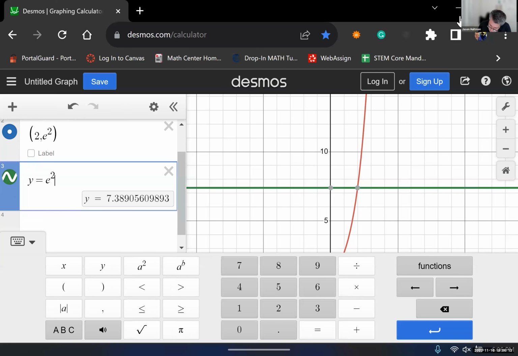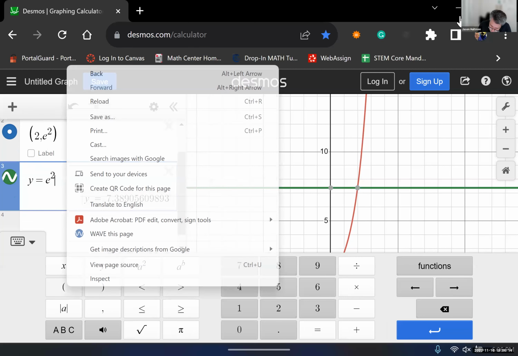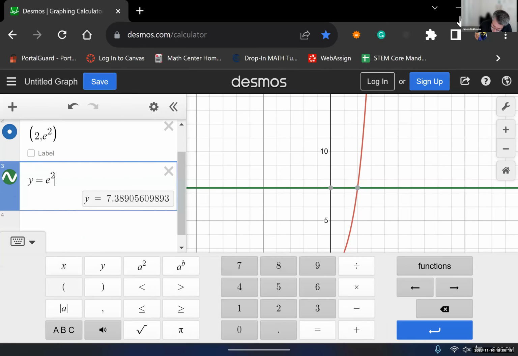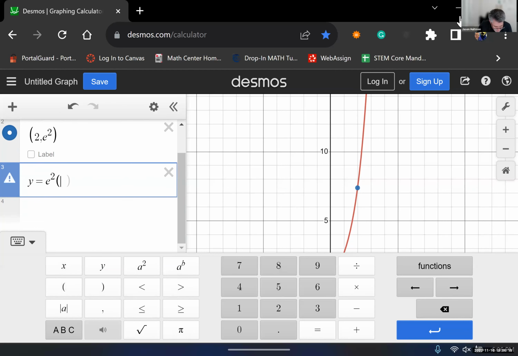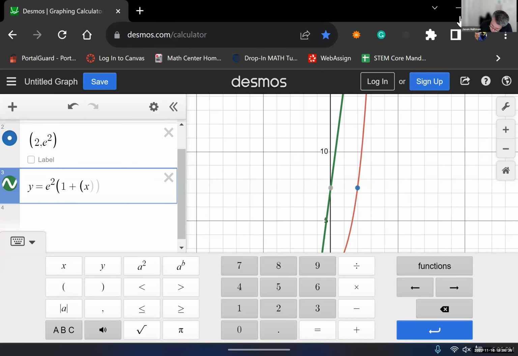Okay, but I want to now include some extra terms. So I'm going to go 1 plus x minus 2. And we can see that, I'll zoom out here in a second.